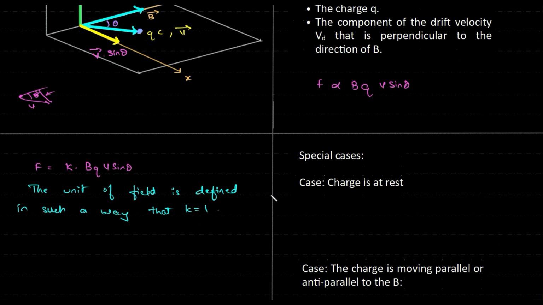So when we have all of this to be human made, the math turns out that K should be equal to 1. The force definition B, Q, V, sine theta, if K is 1, LHS will be equal to RHS. So K doesn't have to be anything else.